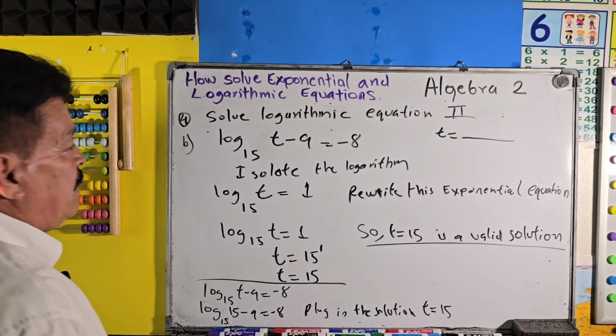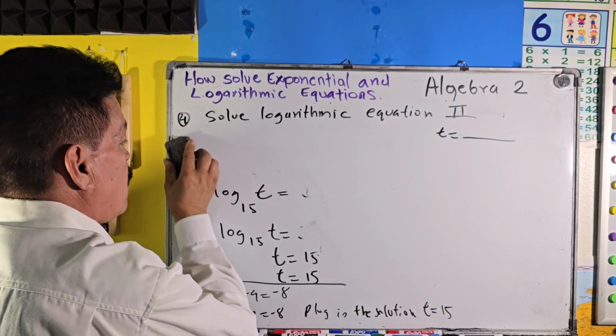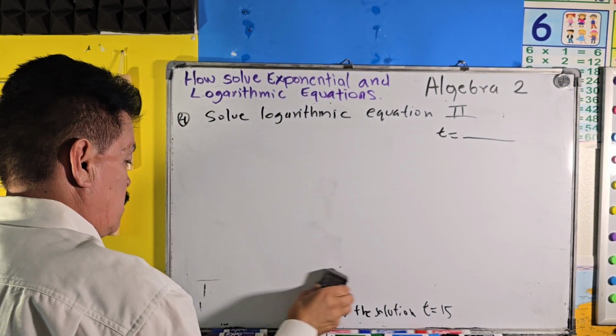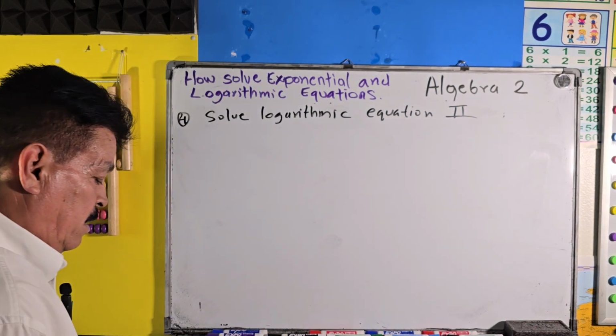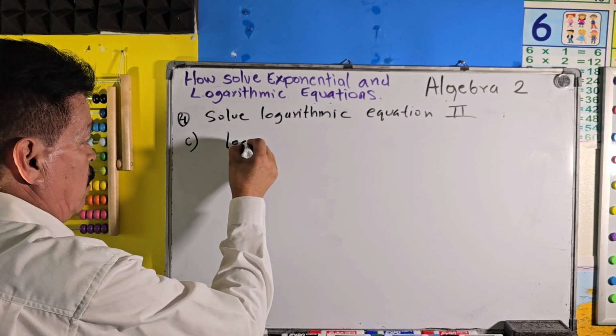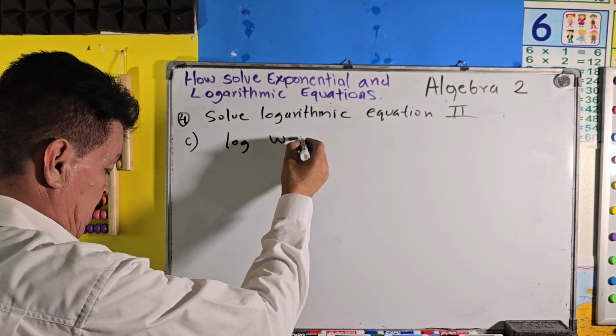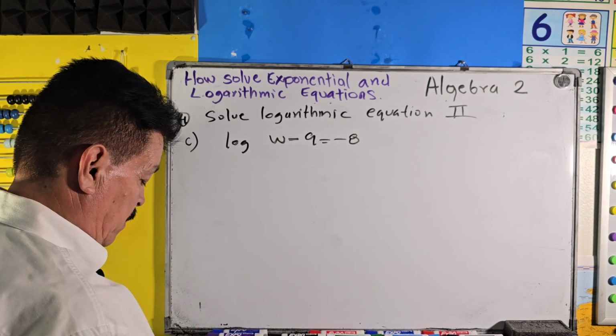Let's write one more in this section. One more problem here. Last one. Log w minus 9 equals negative 8. Almost the same as the problem before.